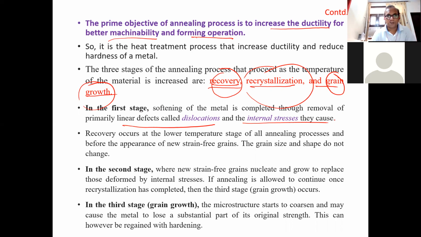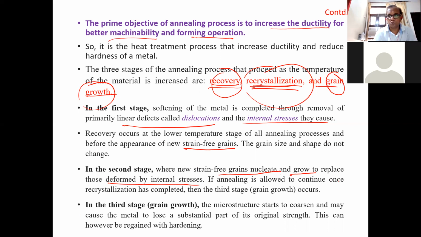Number one, recovery occurs at the lower temperature stage of the annealing process and before the appearance of new strain-free grains. What do we do in the second stage? The new strain-free grains nucleate, nucleation and growth happen, recrystallization happens, crystals are formed now. They replace those that were already deformed, and they heal.